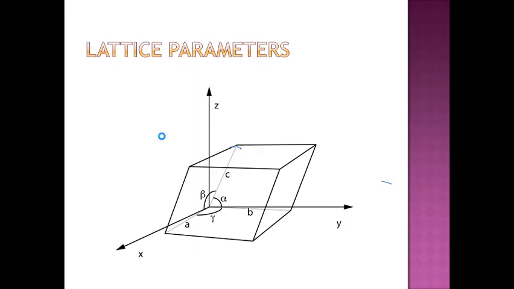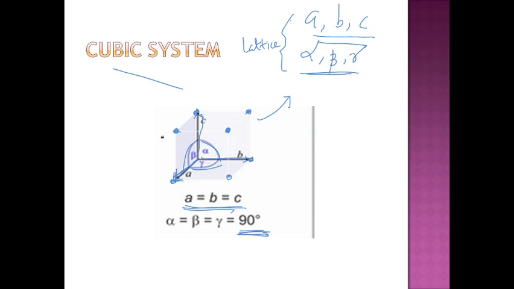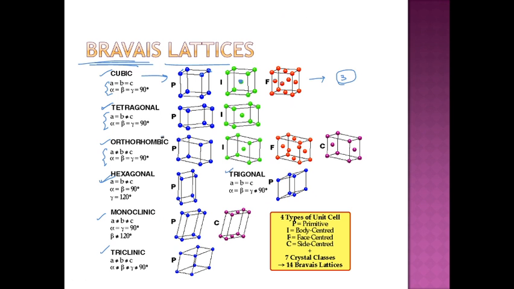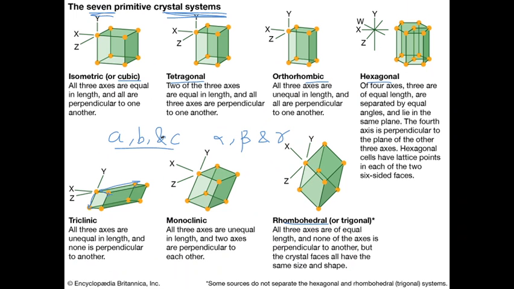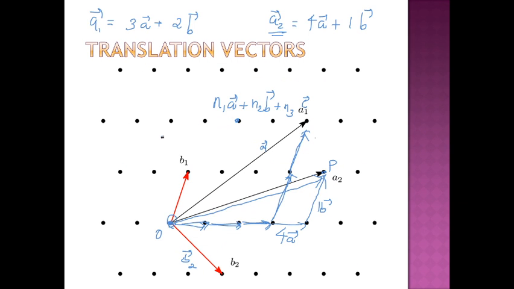I hope that the concept of unit cell and that of lattice parameters as well as the translation vector is clear to you. Based on the lattice parameters, we studied that we can have 7 different crystal systems by varying these lattice parameters, and within these 7 crystal systems, we can have 14 different Bravais lattices by having different atomic arrangements. So I hope this portion is clear to you. Thank you.